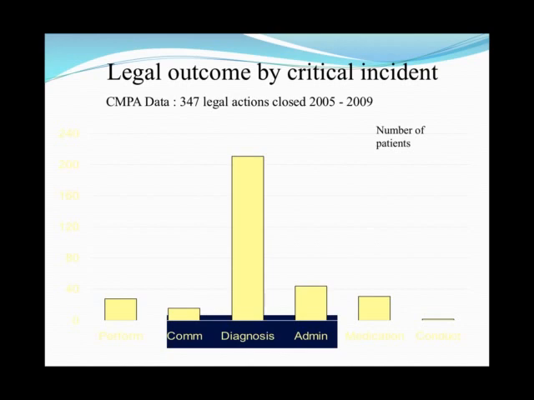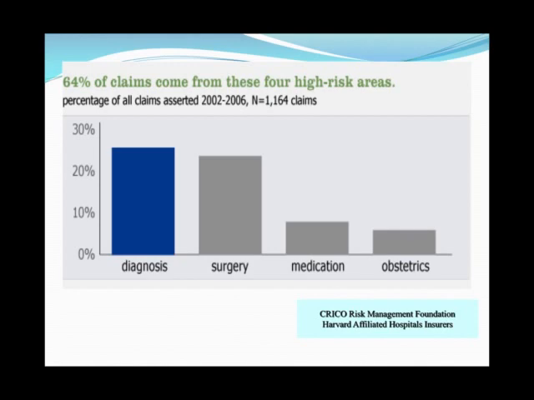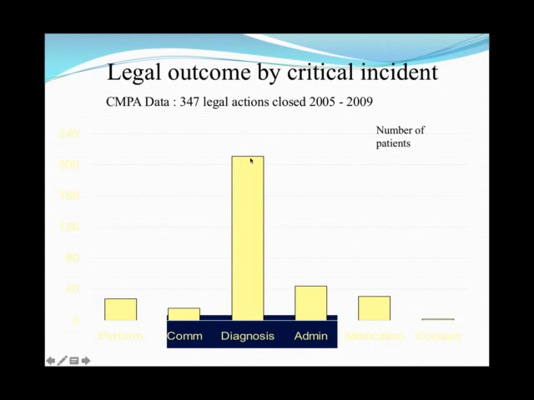So although the number of complaints between diagnostic errors and surgical errors may be the same, it's really way higher after the courts have decided on who was wrong and have come to a decision. It's a way higher likelihood if the error was a diagnostic error that the doctor or the hospital is going to have to pay.